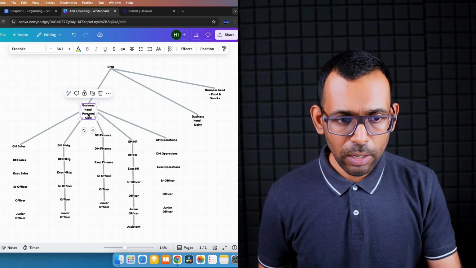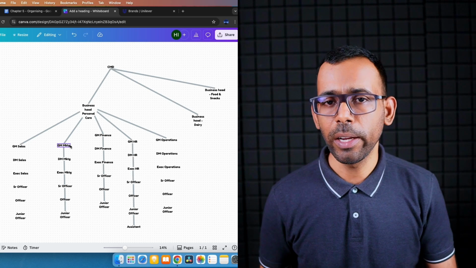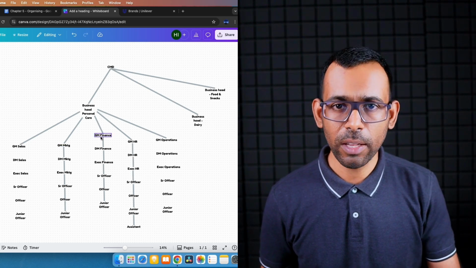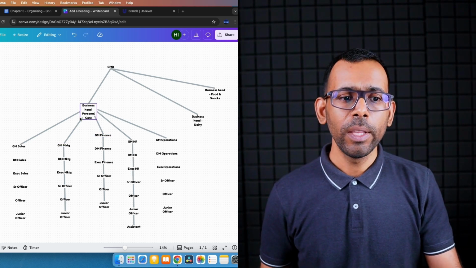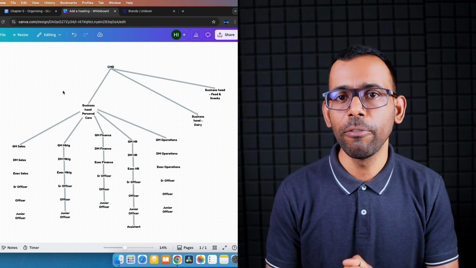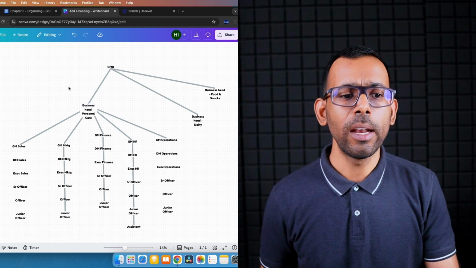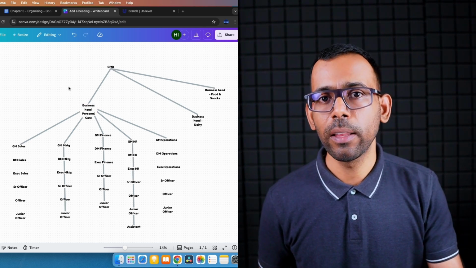So a divisional head will have an idea about how a sales team will operate, how a marketing team will operate, how a general manager finance will operate. That means he will have as much experience as to how a company itself will be run. Therefore, he will get more experience and might gain more influence inside that company.